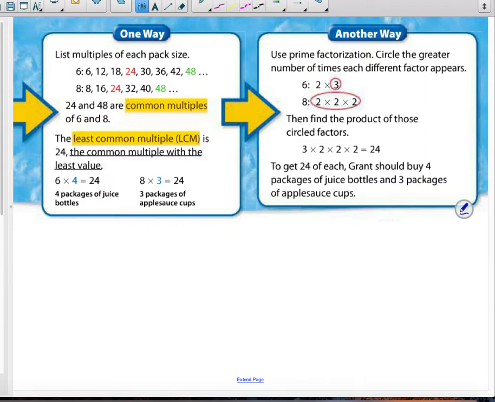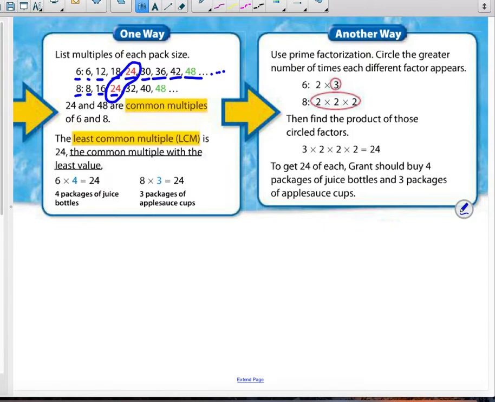So we have 6: 1 times 6 is 6, 2 times 6 is 12, 3 times 6 is 18, 4 times 6 is 24, 5 times 6 is 30, 6 times 6 is 36, 7 times 6 is 42, 8 times 6 is 48, and on and on forever. Multiples of 8: 8 times 1 is 8, 8 times 2 is 16, 8 times 3 is 24, and at this point you're saying, whoa, there's the least common multiple.